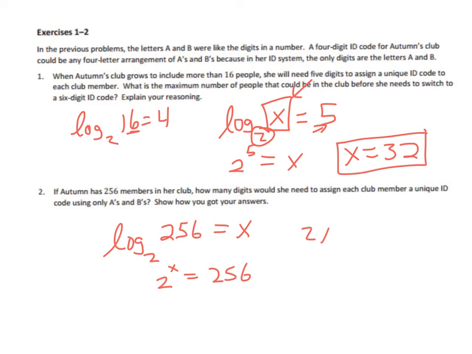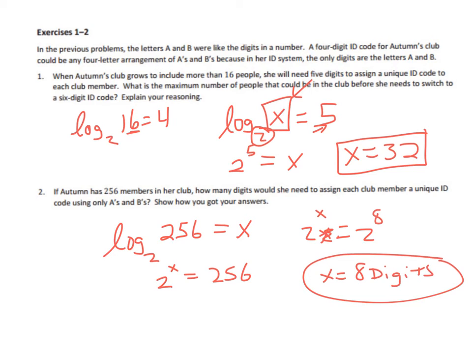So 2 raised to the x equals 2 raised to the 8th power. Therefore, she would need 8 digits. Alright, see how we're applying this one way or another, whether you're looking for the number of digits, or if you're looking at how much a certain number of digits will give you in code possibilities.